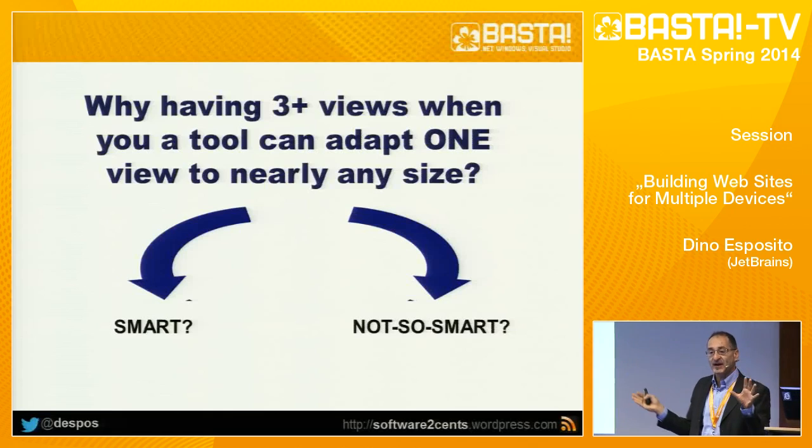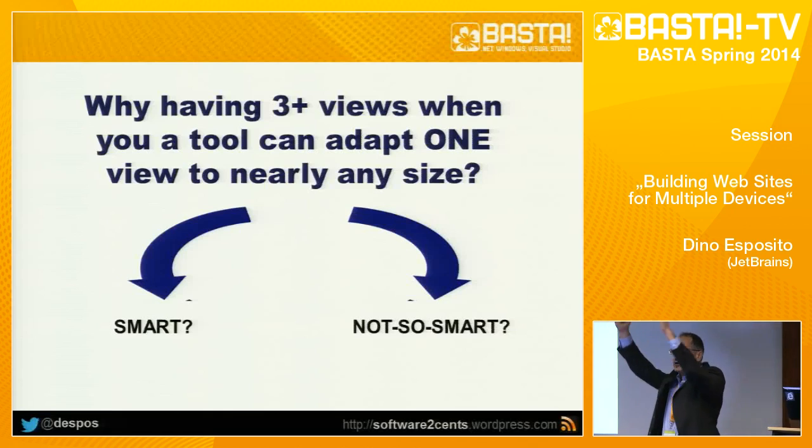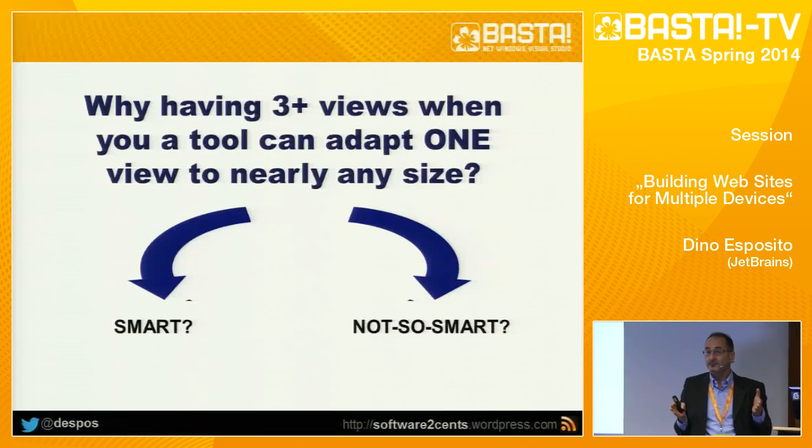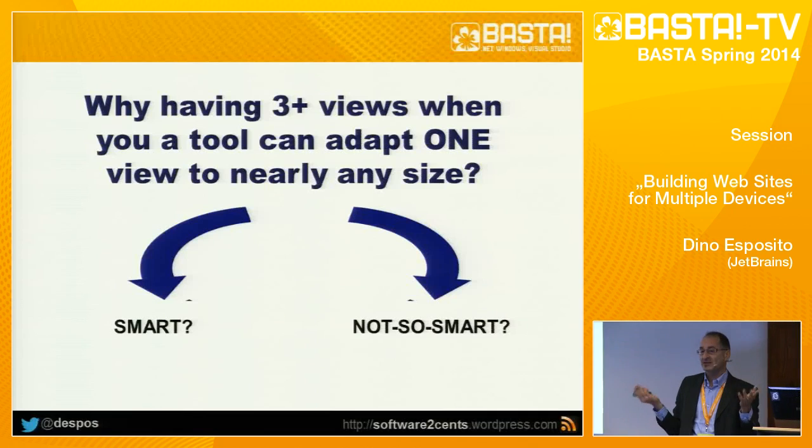So you only have to specify which CSS you want based on the width of the screen. That makes the site automatically resize and reflow the content based on the width of the screen.